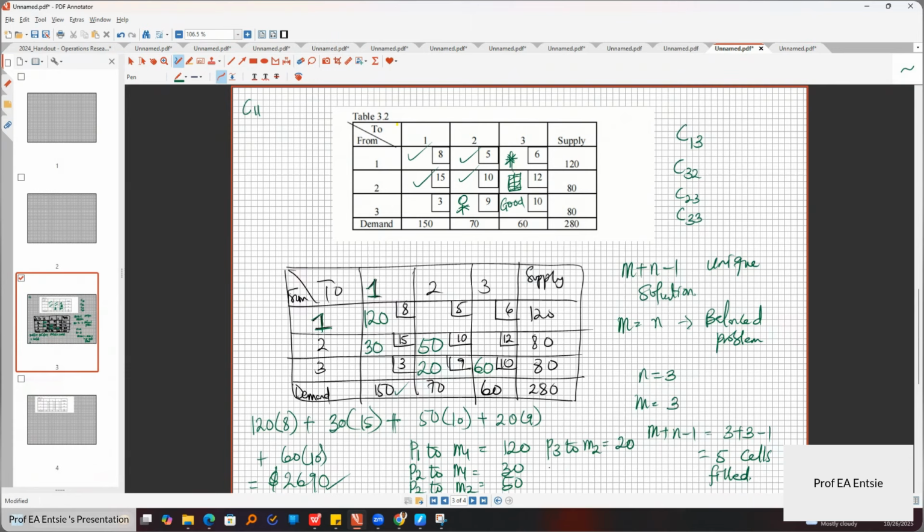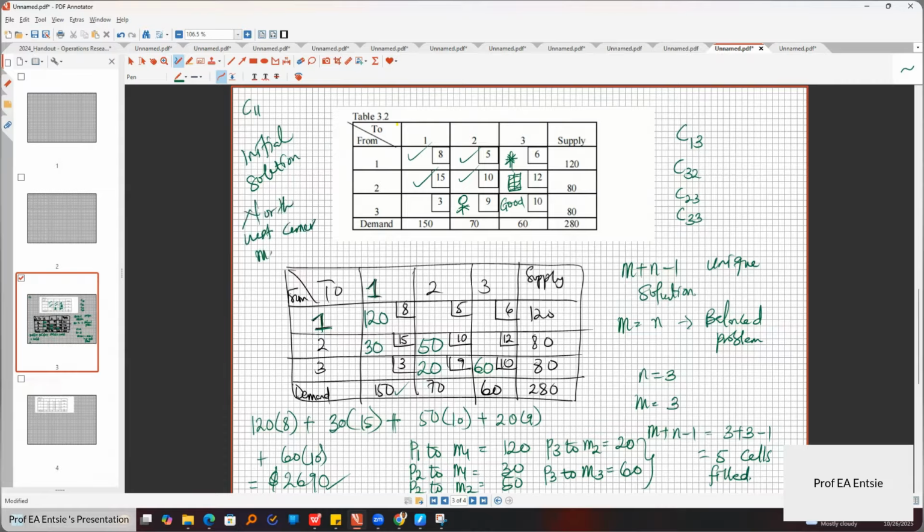The number of concrete I can transfer from plant three to mine three is 60 tons of concrete. So this is the end of this solution, the first initial solution that we have looked at. The first initial solution is the northwest corner method.